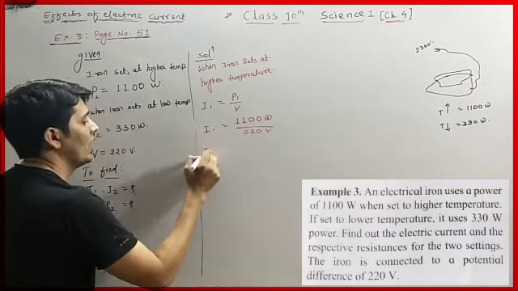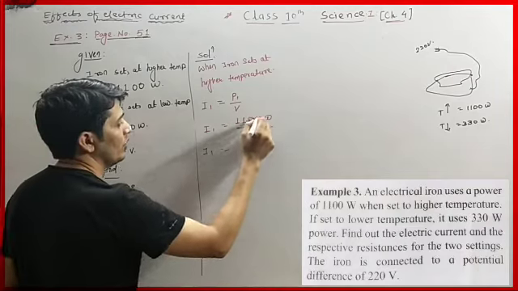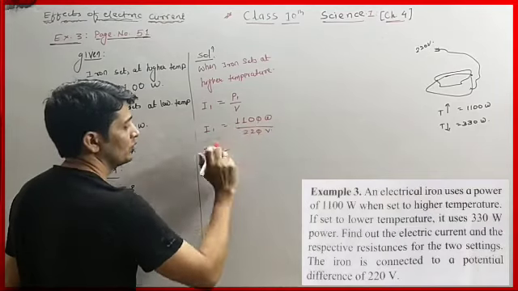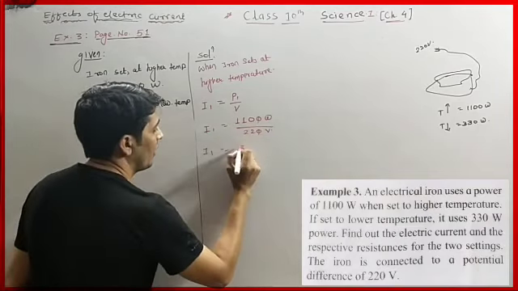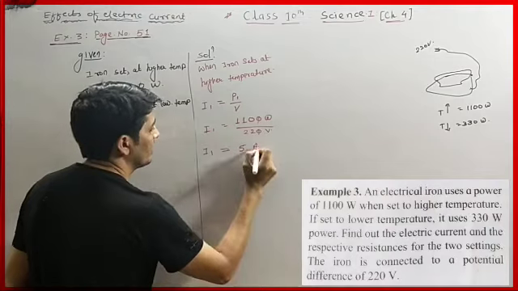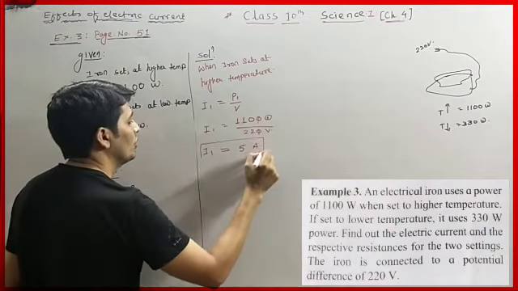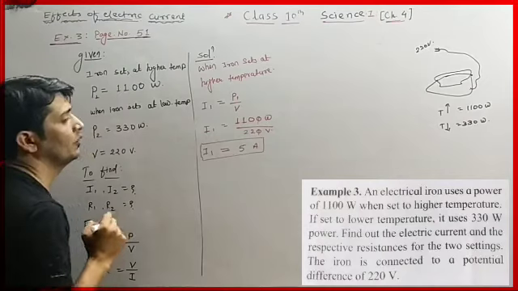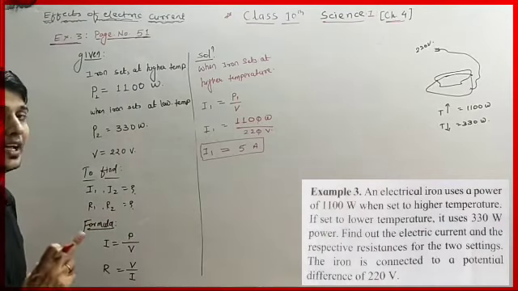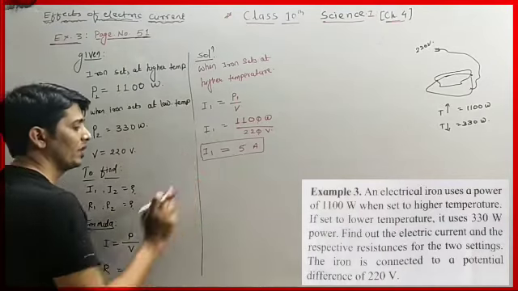So I1 equals, see, 2 and 2 will cancel, and when we solve we get 5 ampere. So it is 5 ampere of current when the iron is set at higher temperature.